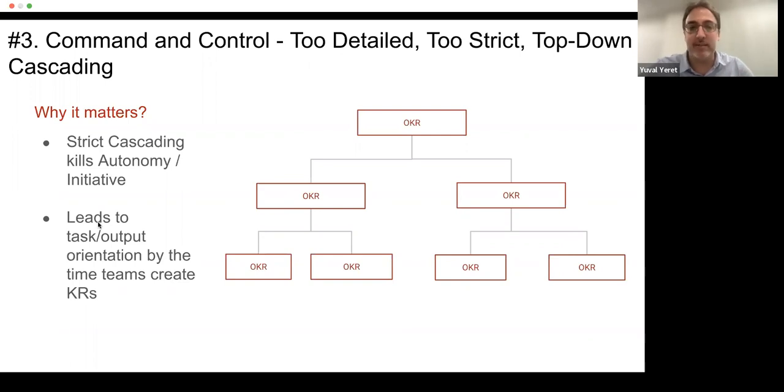And that kills autonomy, that kills empiricism. People just end up doing an old-style work breakdown structure.